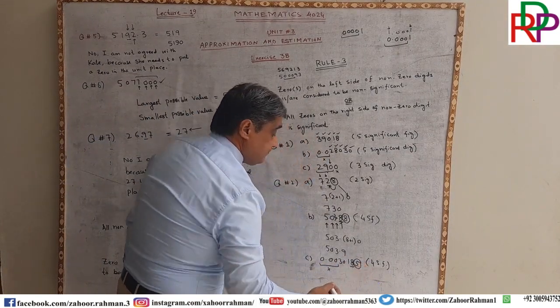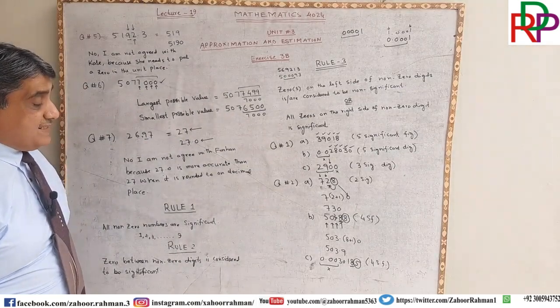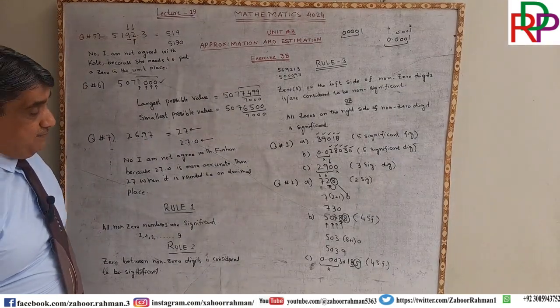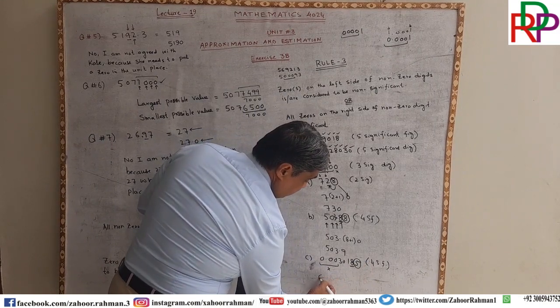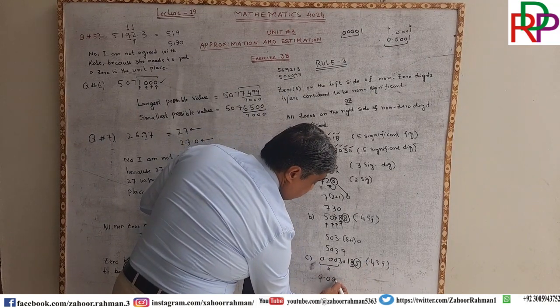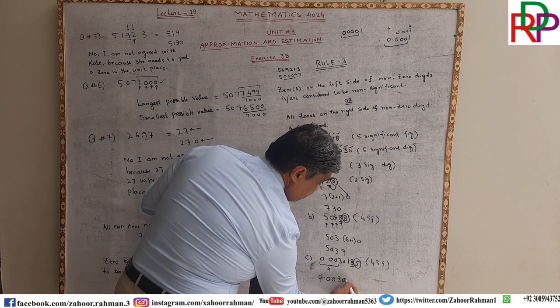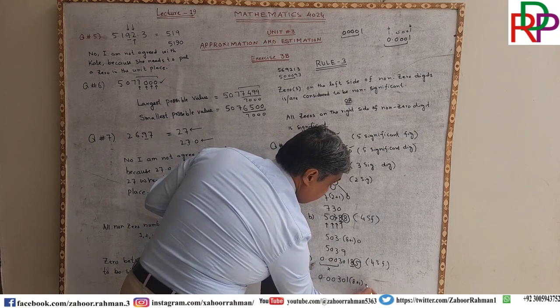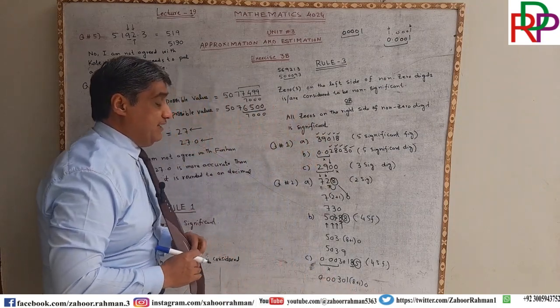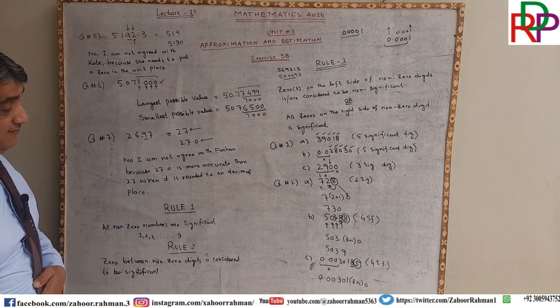this 5. When you are encircling this 5, it means that you have to see. So it will be 0.00301 and 8 plus 1, and that 5 will vanish itself.